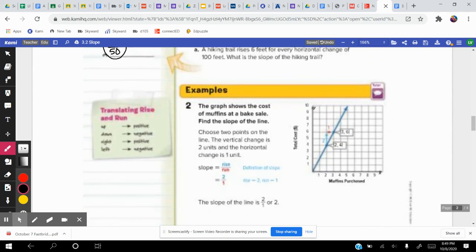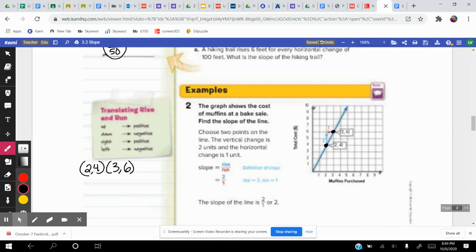Examples. Number 2. The graph shows the cost of muffins at a bake sale. Find the slope of the line. When you are using a graph, you want to choose 2 points on the line. So in this case, they have chosen (2, 4) and (3, 6).